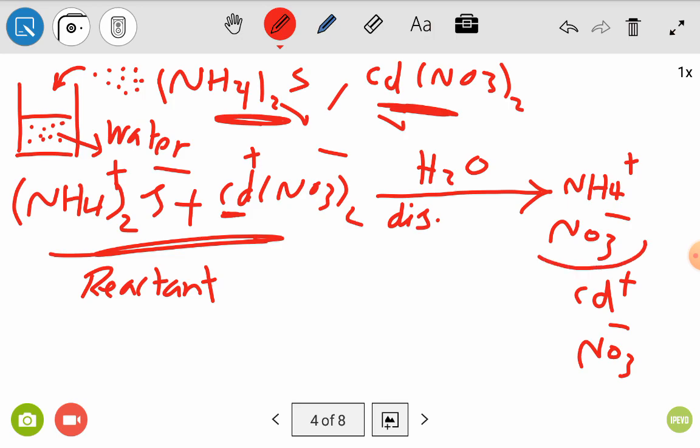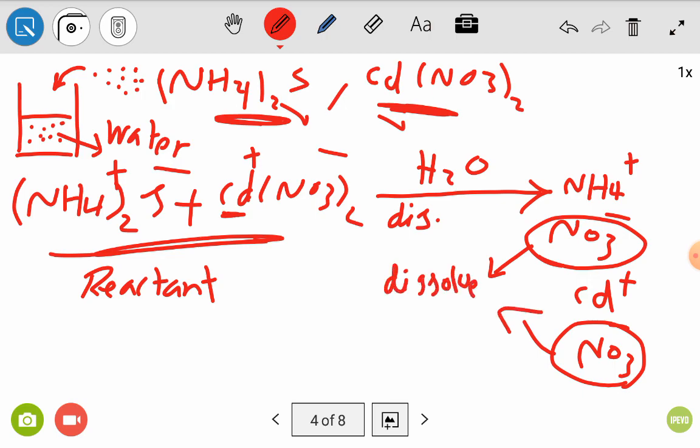Well, the nitrate group is going to dissolve actually. That is a kind of element that is going to dissolve.